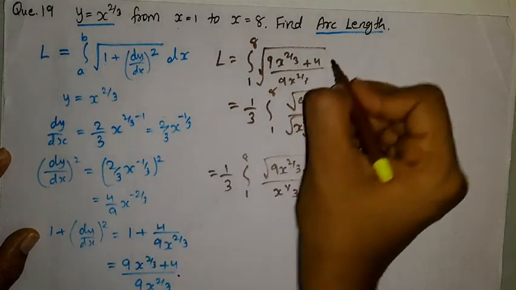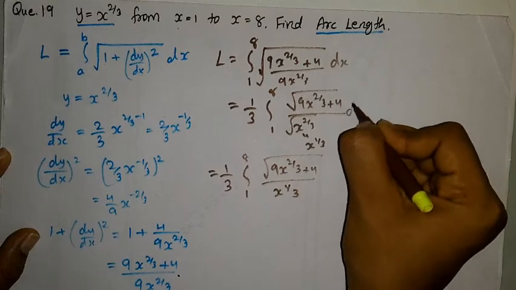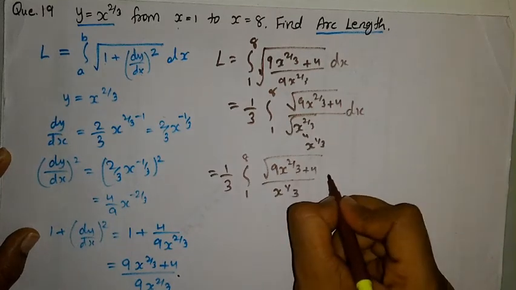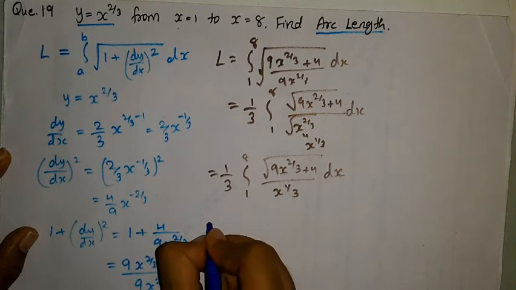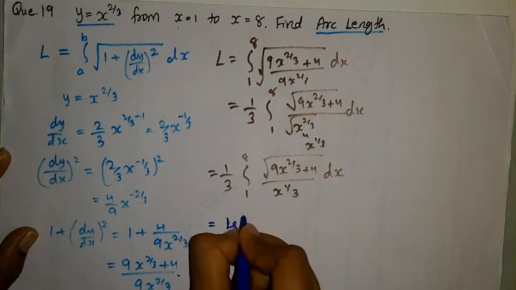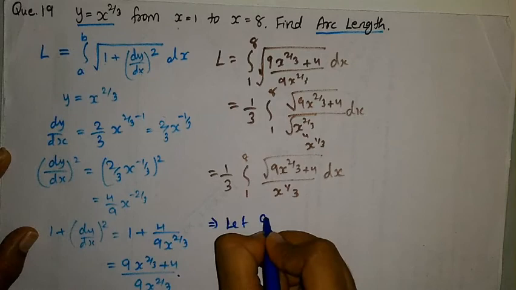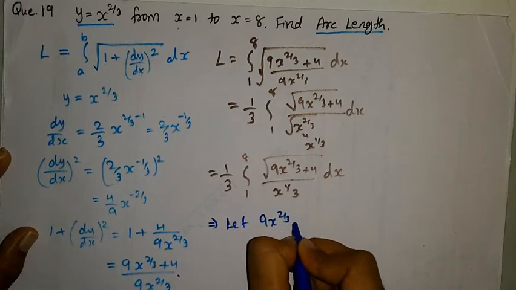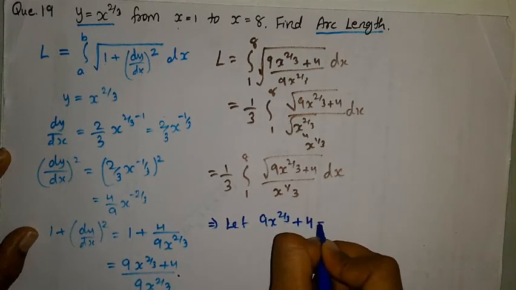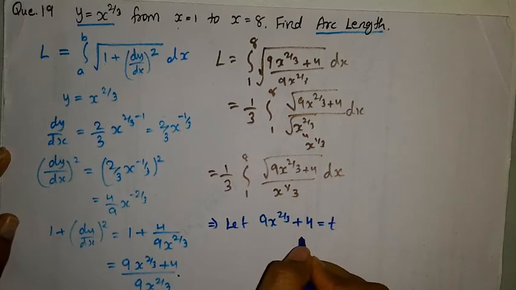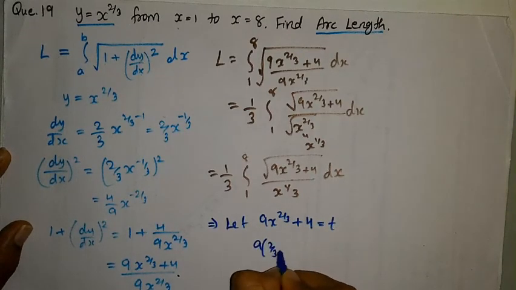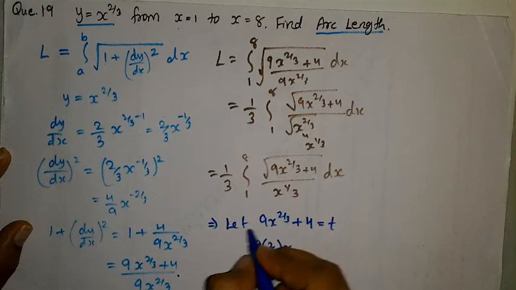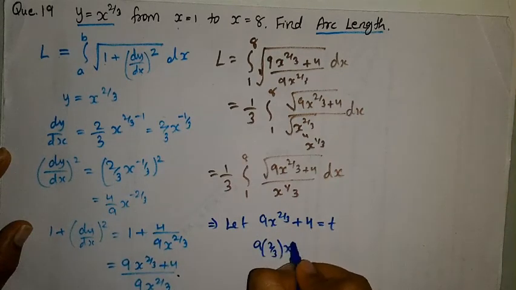Now to solve this, let's assume the numerator as t. Let 9x raised to 2 by 3 plus 4 is equal to t. So when we differentiate this term, we get 9 into 2 by 3 x raised to, similar to this, so it will be x raised to minus 1 by 3.